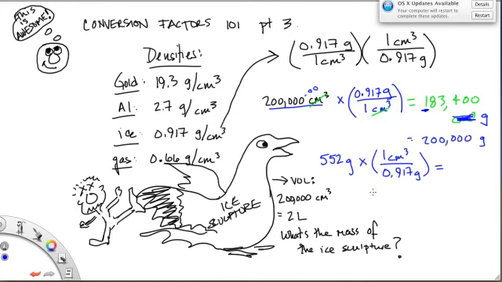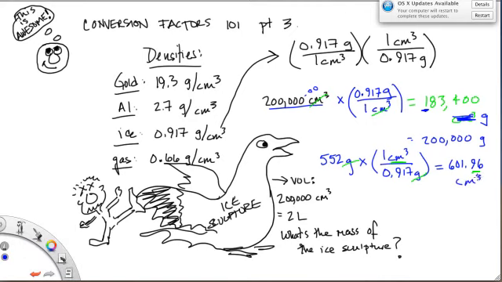So I've got to plug that into my trusty calculator. And I get 601.96. What are my units going to be? Remember that grams and grams cancel and we're left with centimeters cubed.